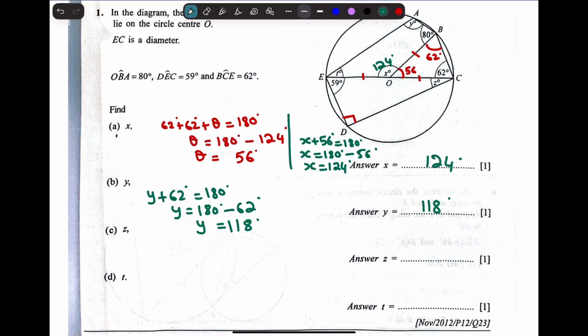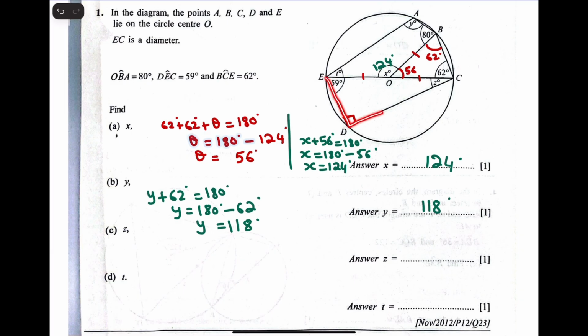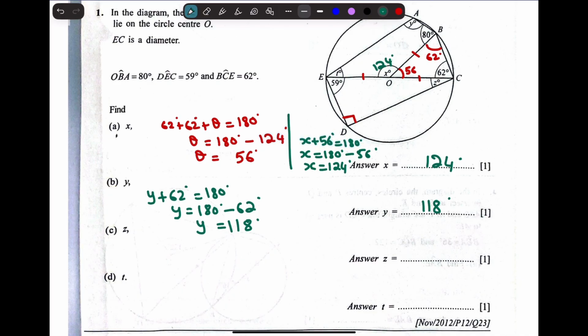Now let's have a look at angle z. For this part, let's focus on triangle DCE. We know that angle D is 90 and this is 59. So 59 plus z plus 90 equals 180, right?